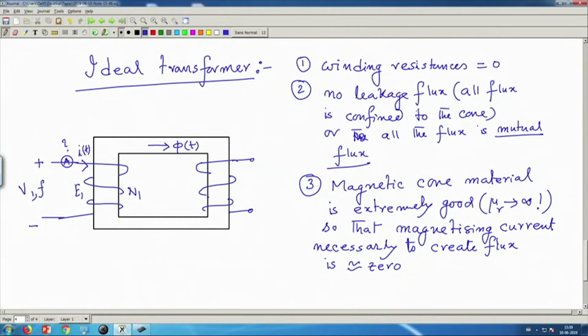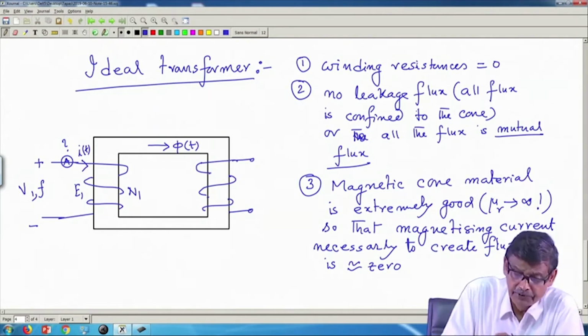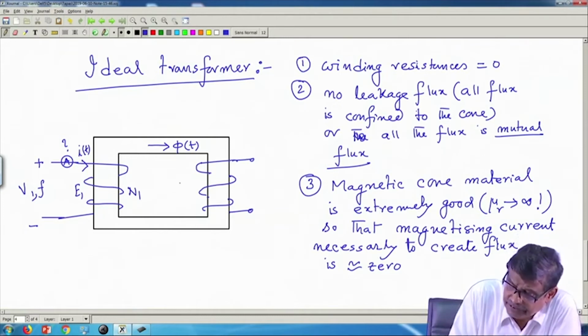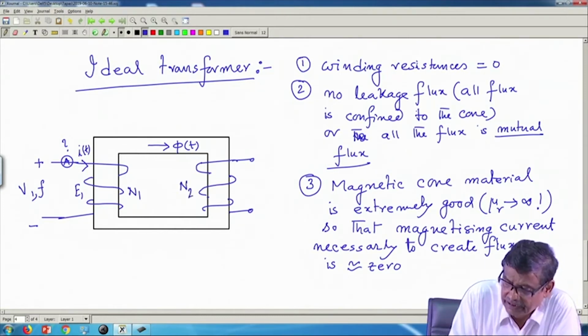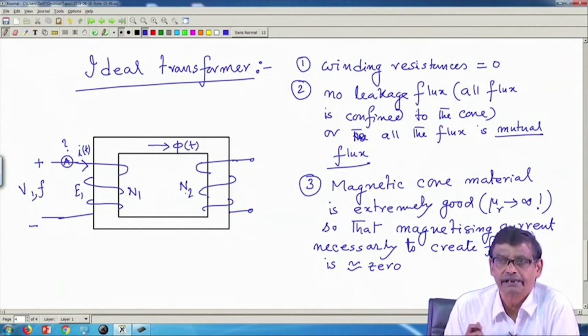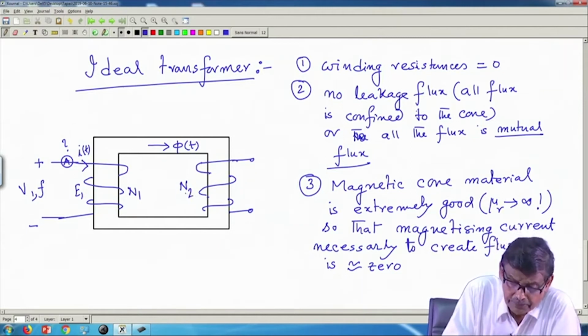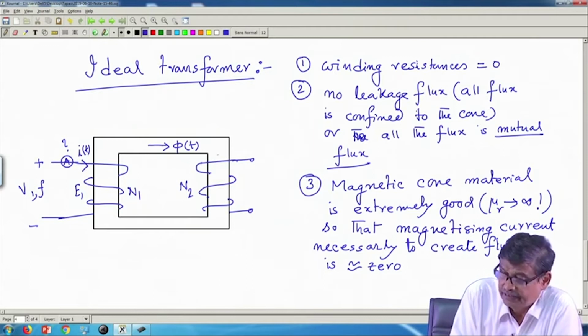Because this coil, whether it is present or not, no one bothers, because nothing I have connected, no current in this coil. Suppose this has got a number of turns N2. Is that clear? Therefore, you have created this, then flux is created.